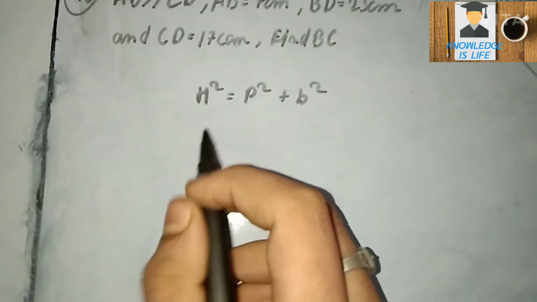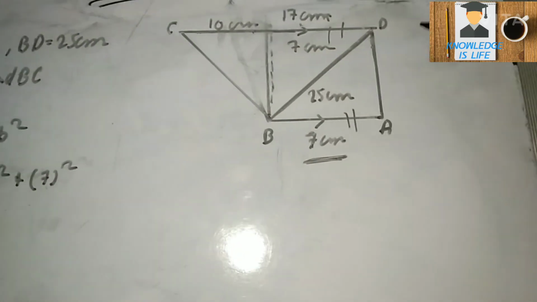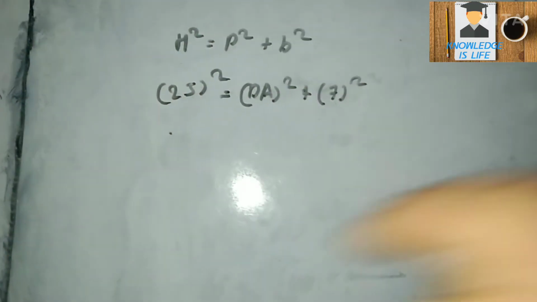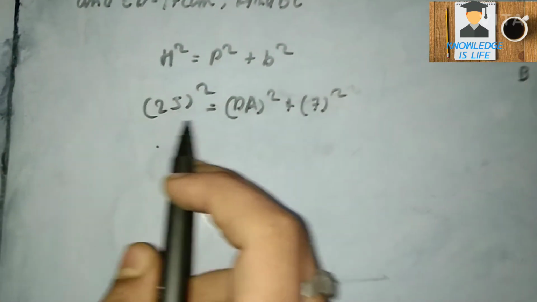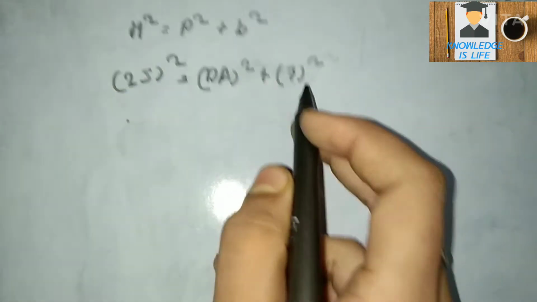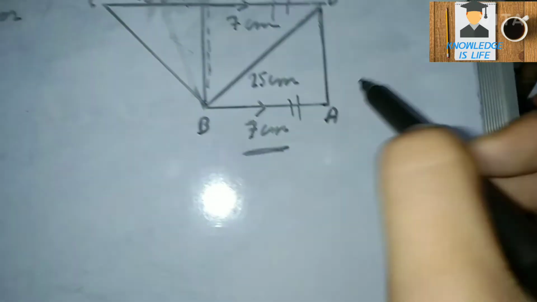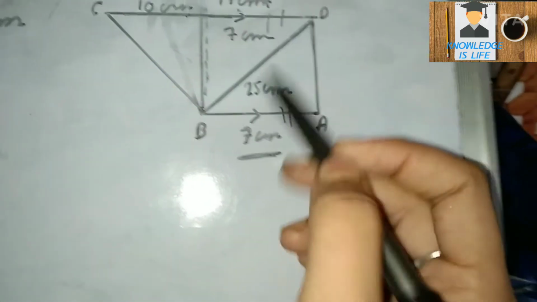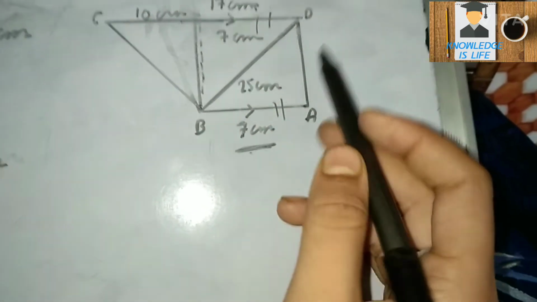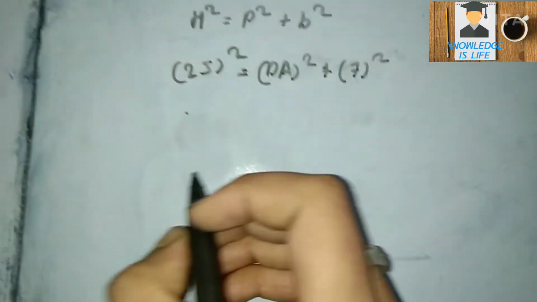To solve this question we first have to find the side AD. Here I have already written 25 square equals AD square plus 7 square, because the hypotenuse is 25, the base is 7, and the perpendicular is DA.